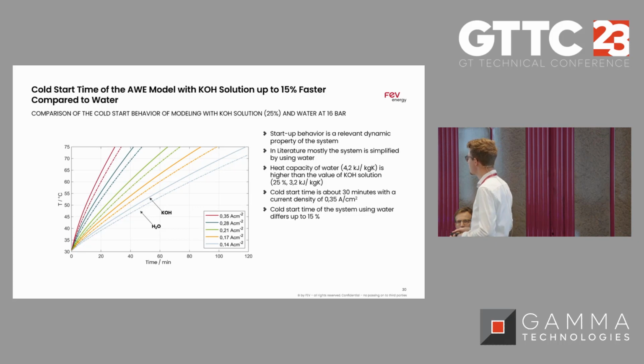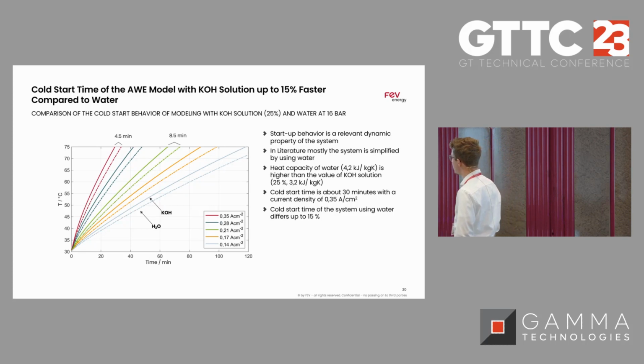One key feature is that if you take KOH into account, you really reduce the heat capacity of that solution by around 25%, and that of course helps to heat up the whole system much quicker.